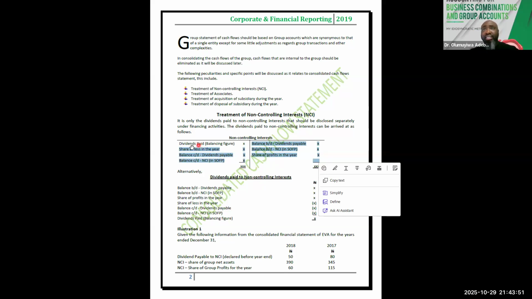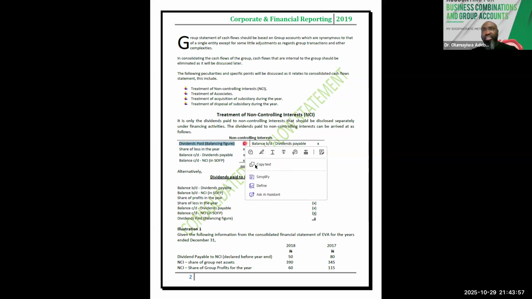And year in, year out, cash you pay to non-controlling interest is majorly attributed to dividend that you have paid. That's why, to balance the account, we're able to attribute the difference, which serves as a reduction in the equity value of non-controlling interest, as being the dividend paid to non-controlling interest in that year.